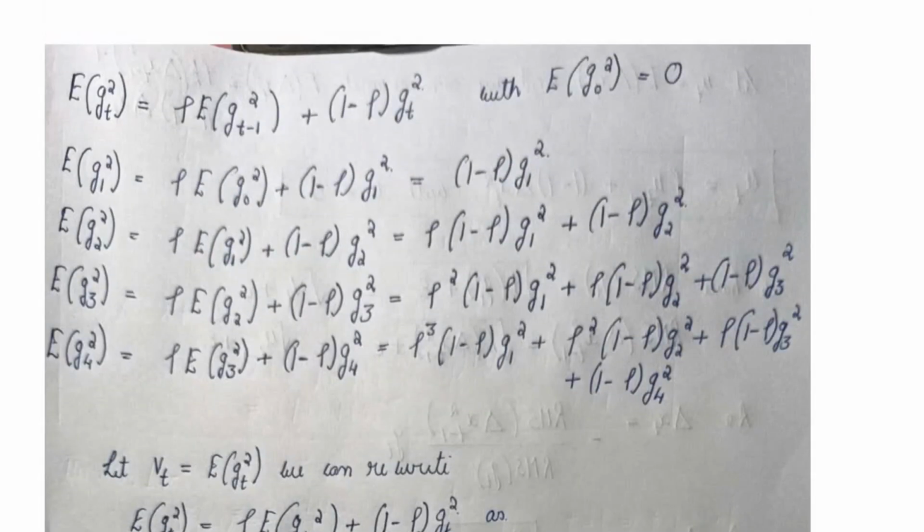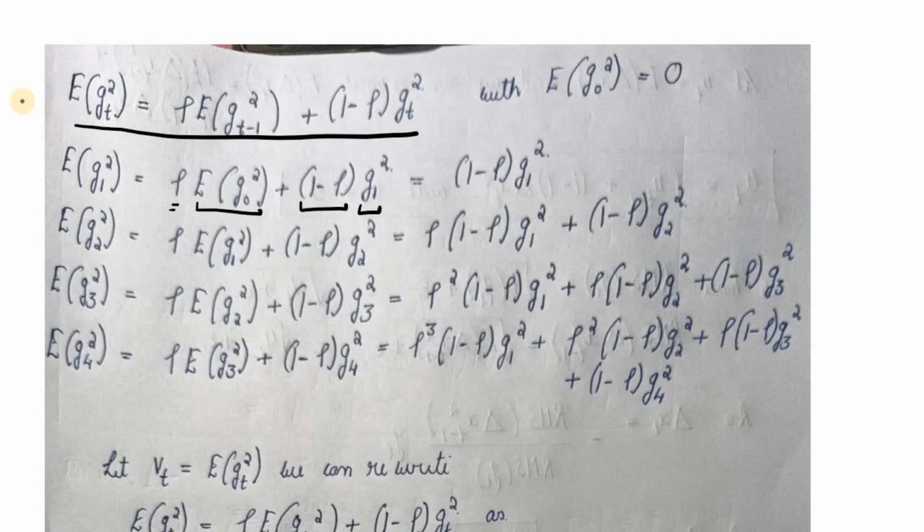So now if I expand the equation, this is the equation which we are having, and I start with the value of t equal to 1. I substitute t is equal to 1. I get rho times expected value of g naught square plus 1 minus rho times g1 square, and rho is actually a decay parameter. This is a hyperparameter only.